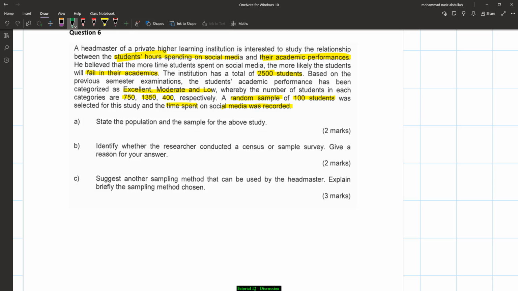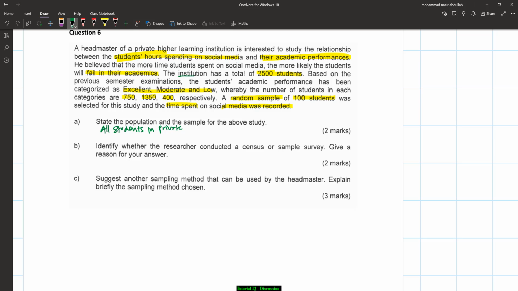So what is the population? All students in the private higher learning institution.